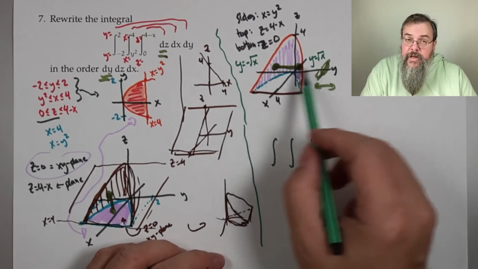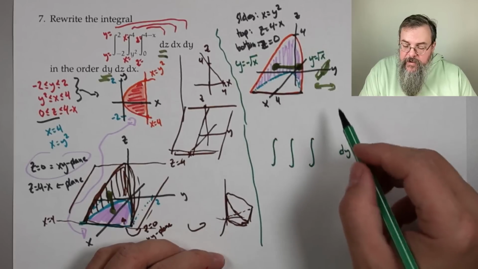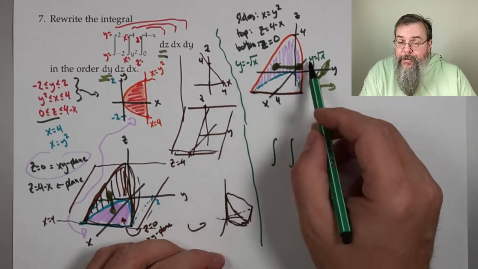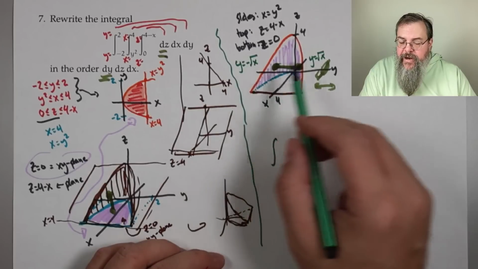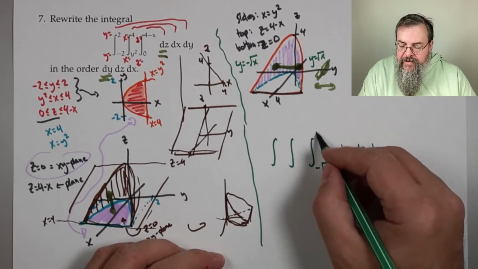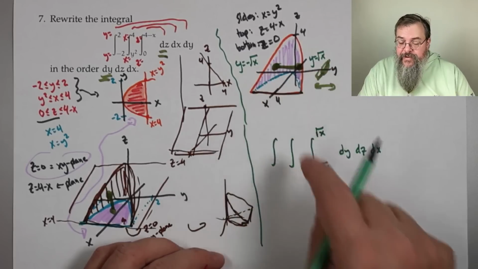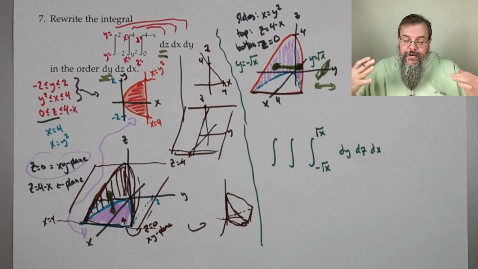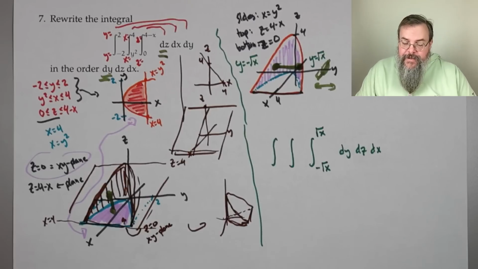Okay, since it's y, we're going back and forth between the sides. So we're going from low to high. We always go low to high. So lowest value is minus root x, highest value is plus root x. So that's what y does. It's going between surfaces. So we're thinking about what are the surfaces. Now, what comes next?